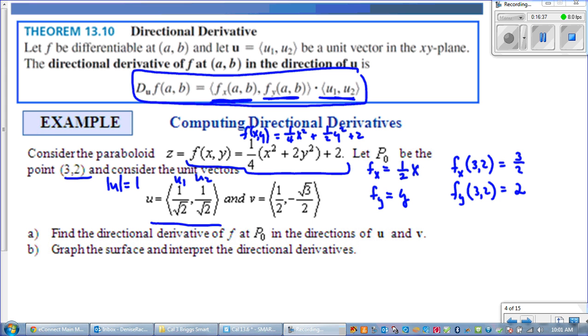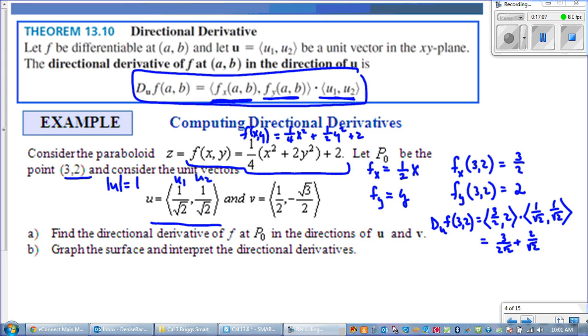So now the directional derivative in the direction of u at the point (3, 2) will be the dot product of (3/2, 2) dotted with the vector u. Which is 3 over 2 times the square root of 2 plus 2 over the square root of 2.